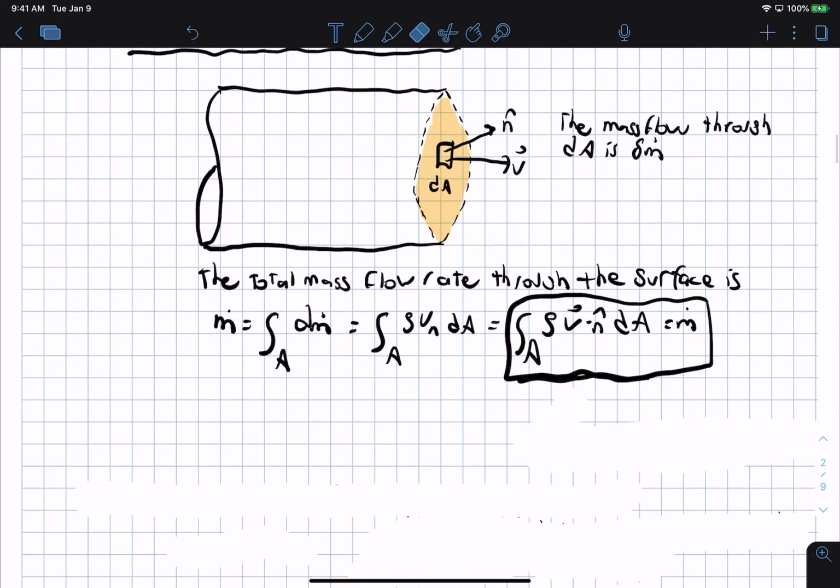And this works for arbitrary surfaces, so this is very general. It works for basically everything.